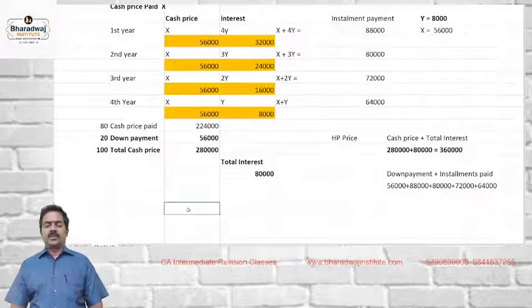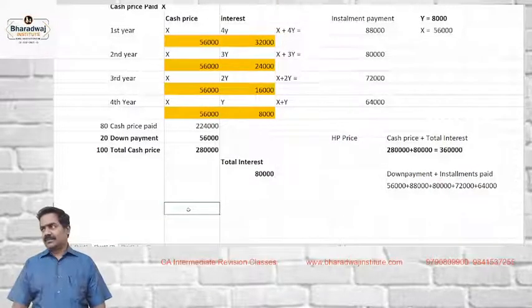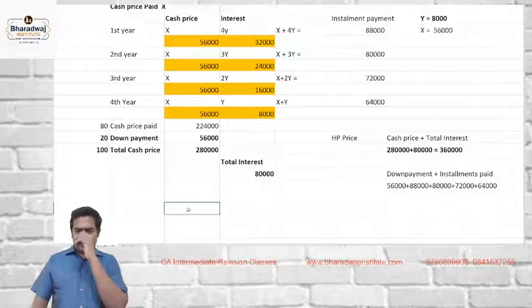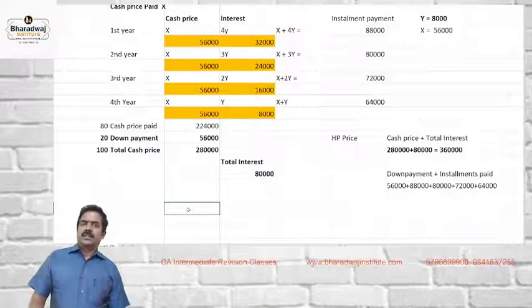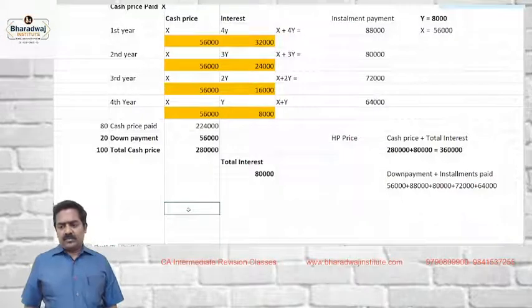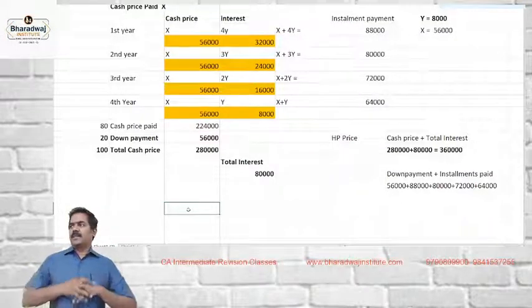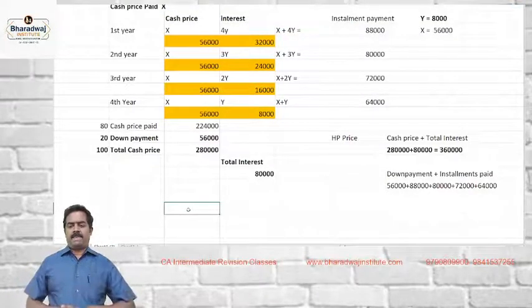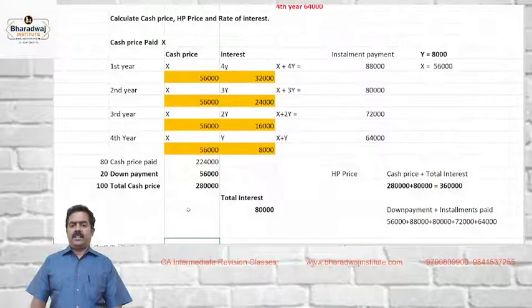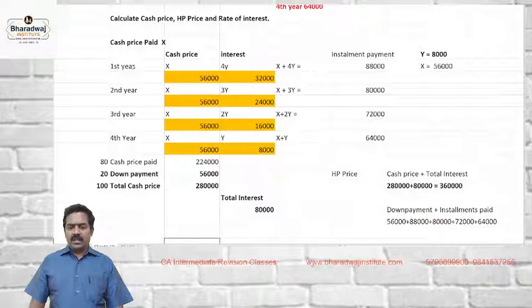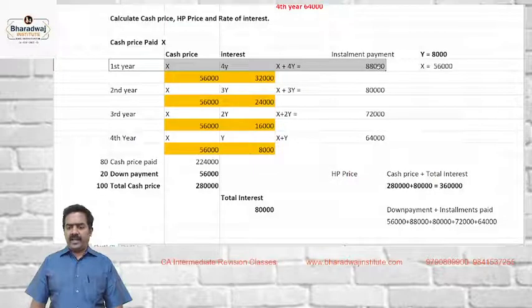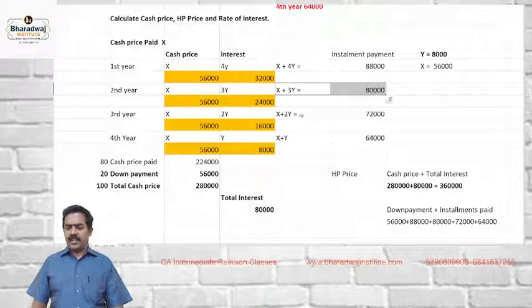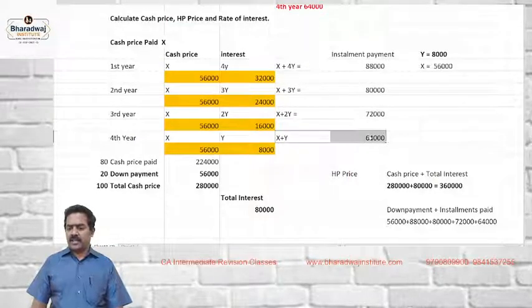What is the next one you have to work out? Rate of interest. Any doubt in this? x plus 4y is 88,000, x plus 3y is 80,000, x plus 2y is 72,000, x plus y is 64,000.